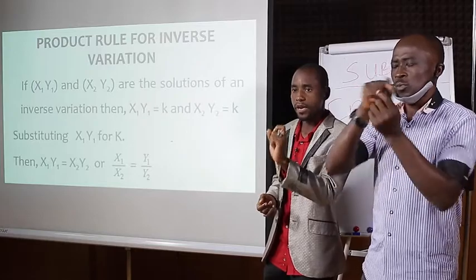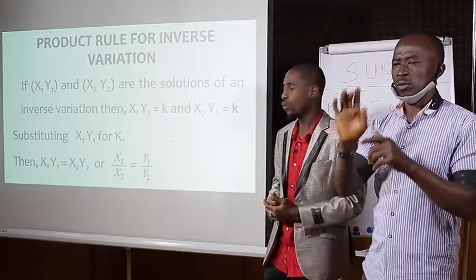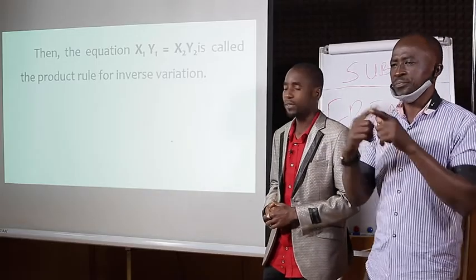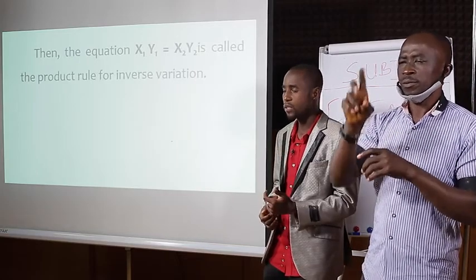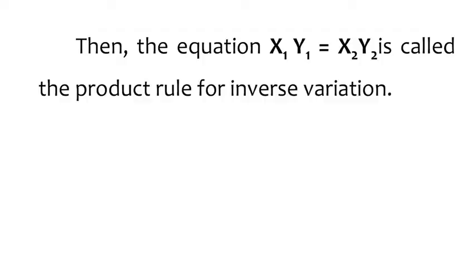When we substitute k for x1 y1, then our new equation will be x1 y1 equals x2 y2. And this equation can also be expressed as x1 over x2 equals y2 over y1. Then the equation x1 y1 equals x2 y2 is called the product rule for inverse variation.